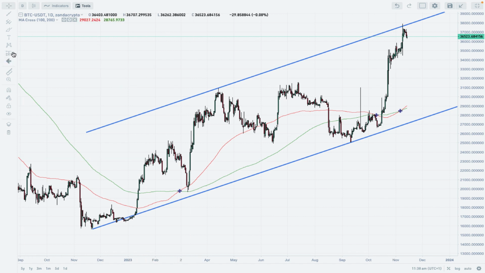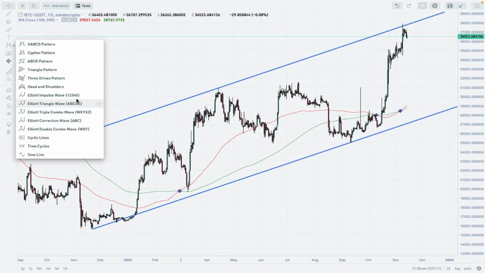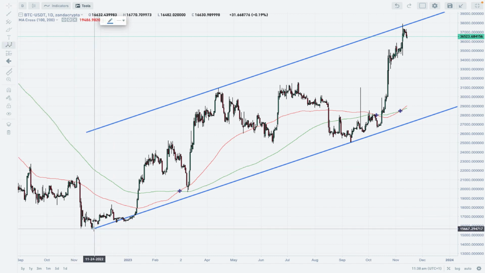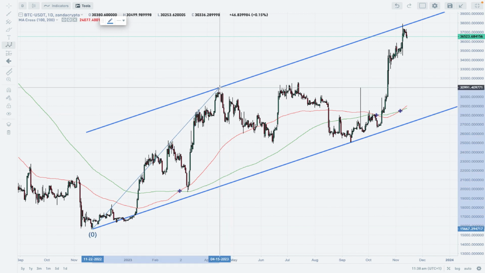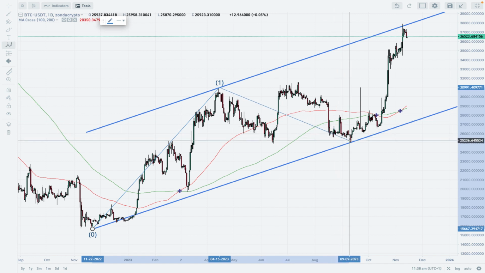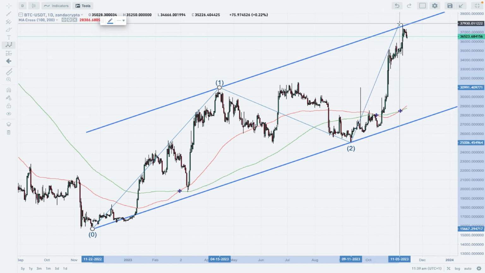The other thing is, of course, the Elliott wave. The Elliott wave impulsive wave progression from the lows of 2022 is showing us that wave 1 has been completed around the level of 31,000. Then we got some sort of correction towards the level of 25,000, and since then we are developing wave 3 that has not been completed just yet.